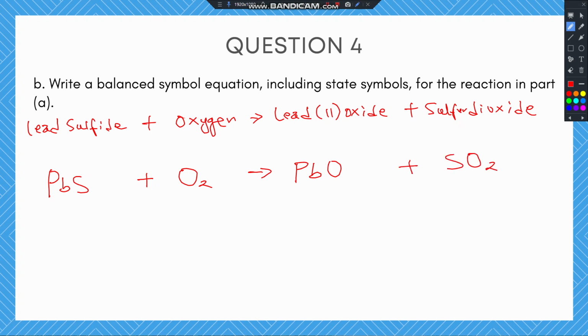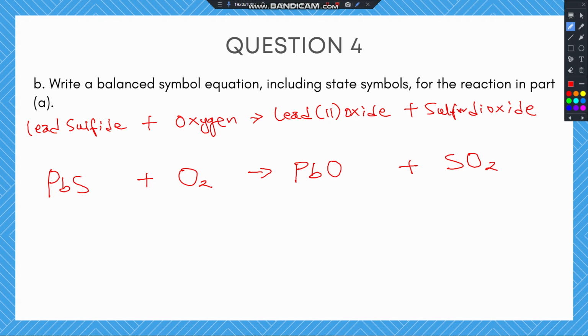Now let's balance this chemical equation. For lead, on the left hand side we have one atom, and on the right hand side we have one atom as well. So lead is perfectly balanced. For sulfur, on the left hand side we have one atom, and on the right hand side we have one atom as well. So sulfur is also balanced.